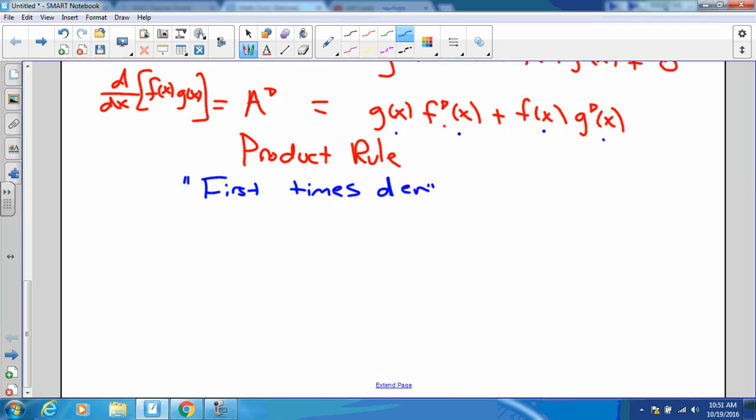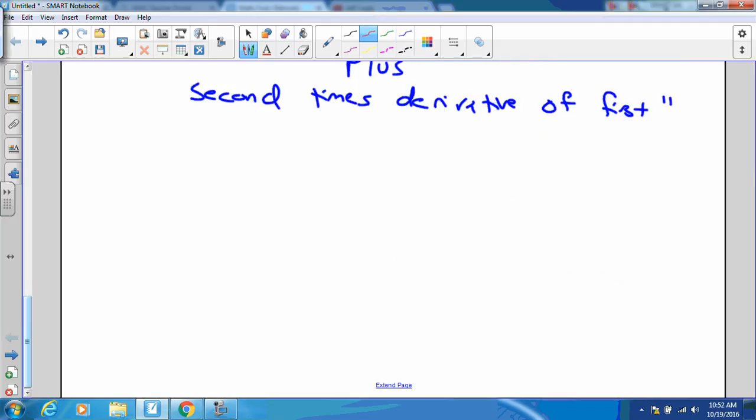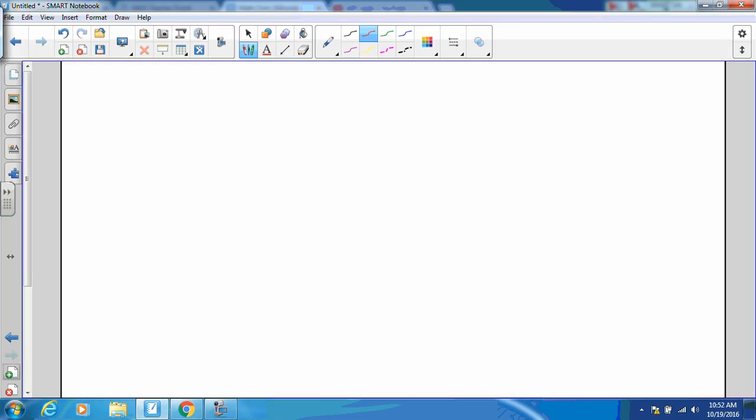So our slogan for the product rule is: first times the derivative of the second, plus second times the derivative of the first. f g prime plus g f prime. Now let's see how this actually works out in practice.